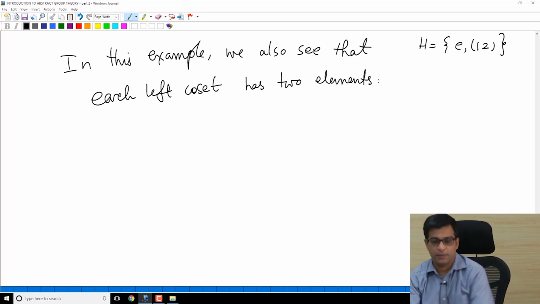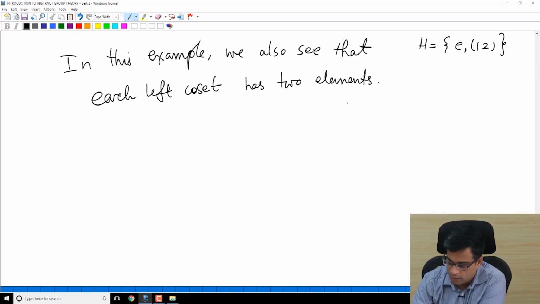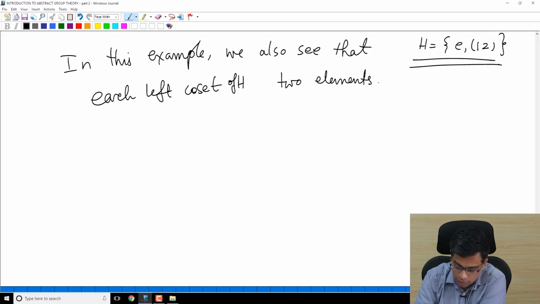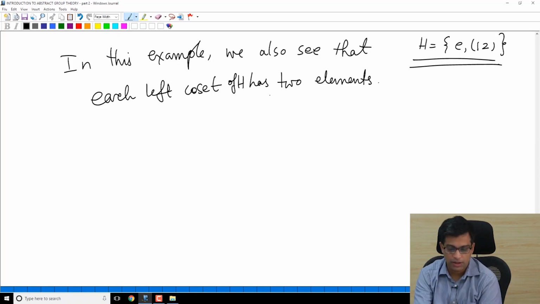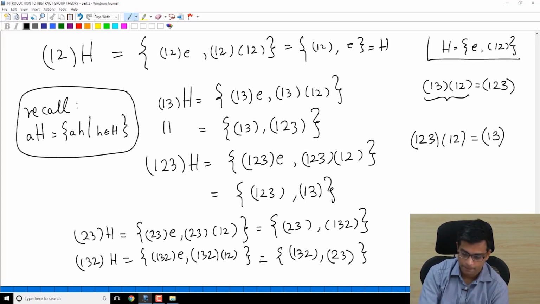Remember, this is what you would expect because of a theorem that I proved earlier. Because H has 2 elements, each left coset of H has 2 elements, which is what we noticed in the calculation. Every left coset, see (1 2)H is (1 2) and E, (1 3)H is (1 3) and (1 2 3). There are 2 elements.